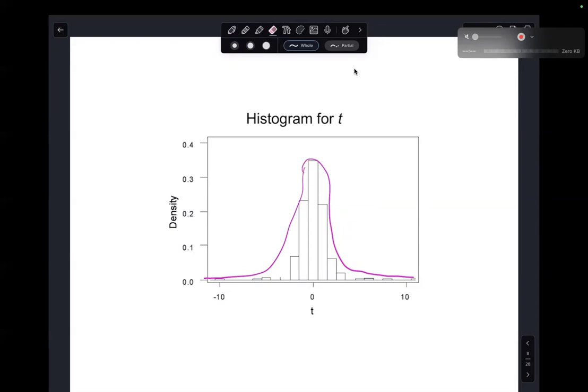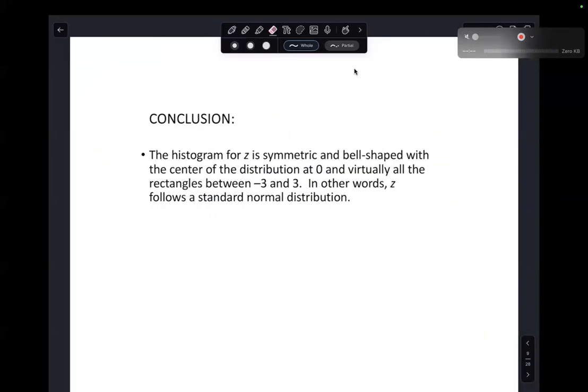So don't worry about trying to figure out, does this fit a t distribution? We're going to use z for proportions and t for mean. That's it. I'm not going to make you dig deeper and figure out all the nuances. So no worries there.